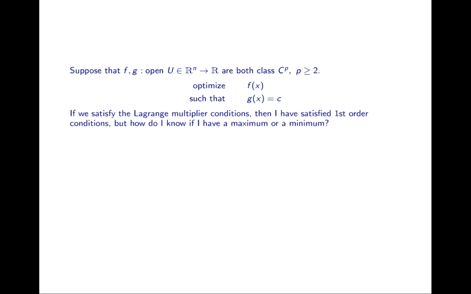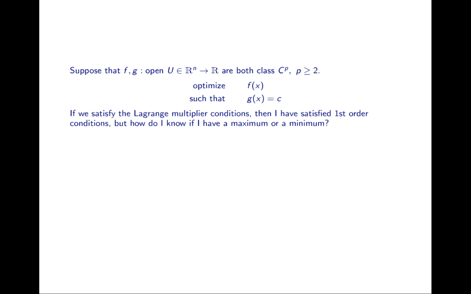Okay, so suppose f and g map some open subset of R^n to R, and suppose that they're both class C^p, where p is at least 2. If we satisfy the Lagrange multiplier conditions, then I have satisfied first order optimality conditions.